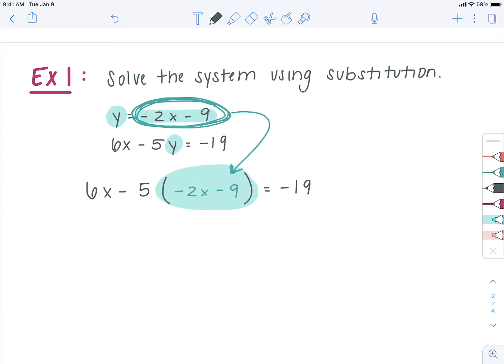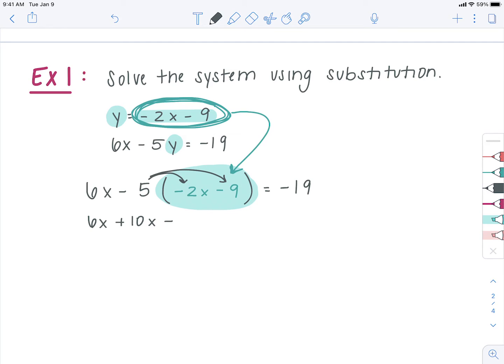So the first thing I would do is take this negative 5 and distribute it so I can get rid of the parentheses. So I'm going to end up with 6x minus negative 5 times negative 2x gives me a positive 10x.